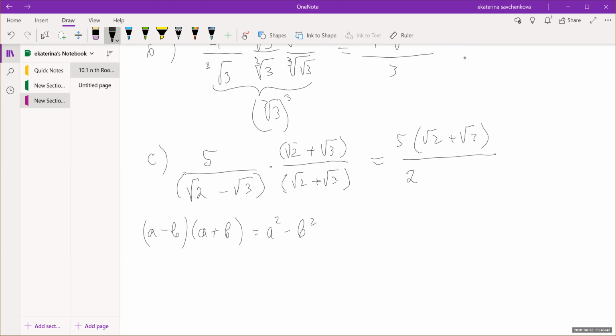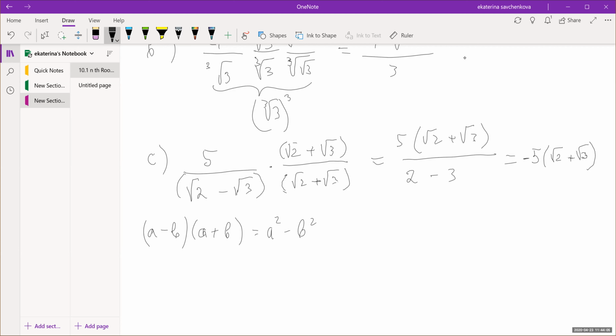And when I square second term, square root of 3, I'm going to have just 3, right? And my denominator is becoming just a number, and this number is going to be -1. So my final expression is going to be just minus 5 times square root of 2 plus square root of 3.